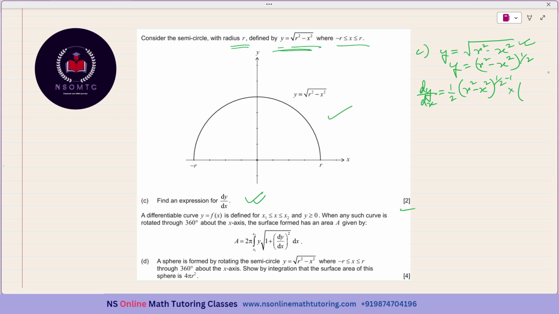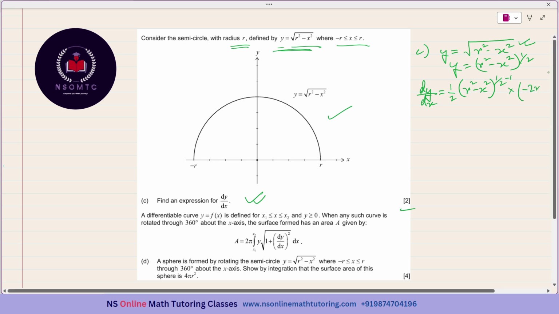Derivative of minus x square is minus 2x. Therefore, dy by dx is equal to half times r square minus x square to the power of half minus 1, which is minus half. This is r square, and times minus 2x.